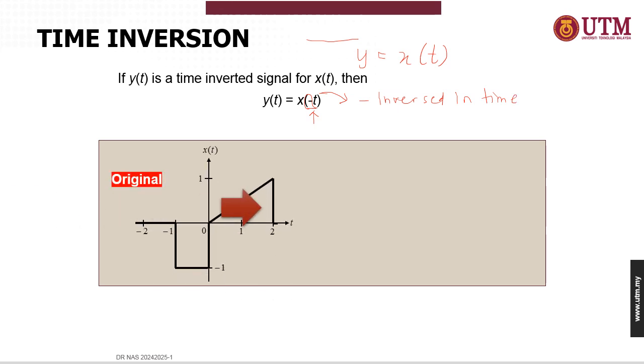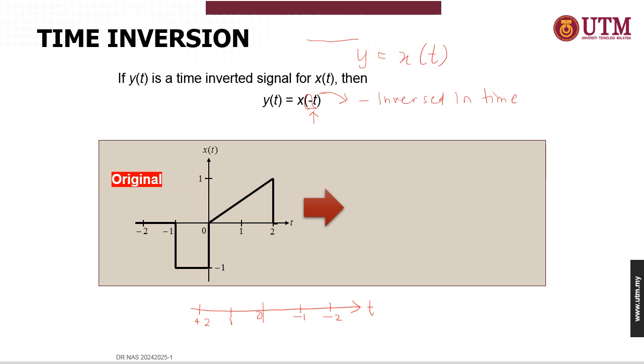This is the original signal. So what happens when you have a new signal y(t) equal to x(minus t)? The signal is inverted in time, but the amplitude remains the same. If you draw the axis, this is t. Now 2 becomes minus 2, 1 becomes minus 1, here is 0, minus 1 becomes positive 1, and minus 2 becomes positive 2.